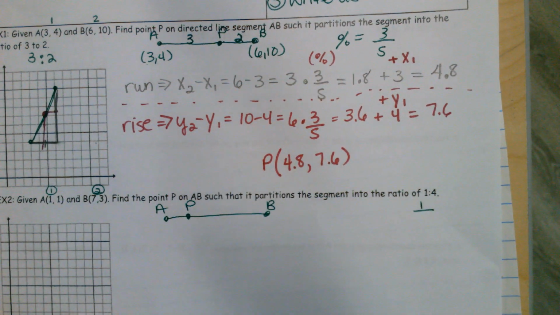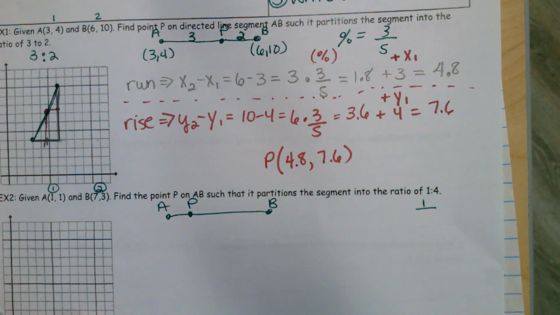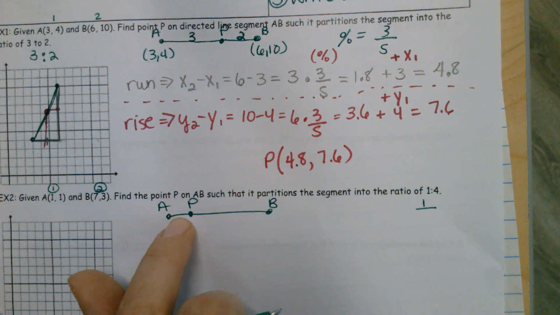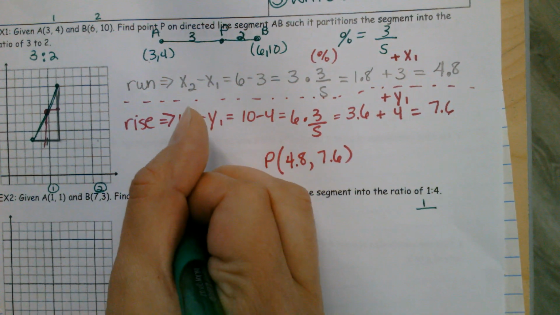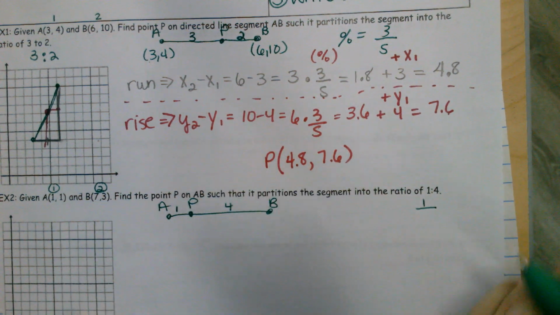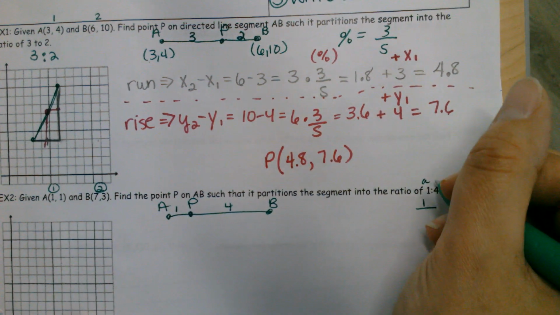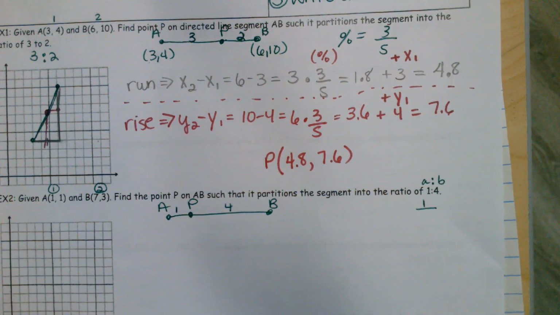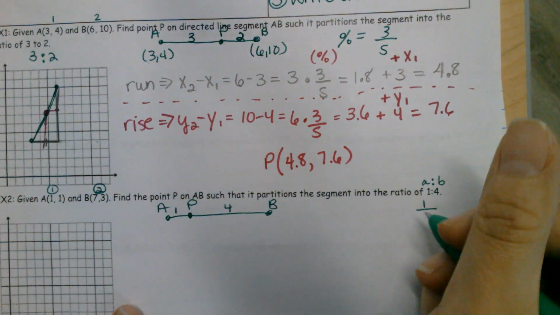P should be closer to A, and then what number would be between A and P? 1. And then what number should be here? 4. Okay, so my A to B is 1 to 4. So A is 1, B is 4. What should my percent be?